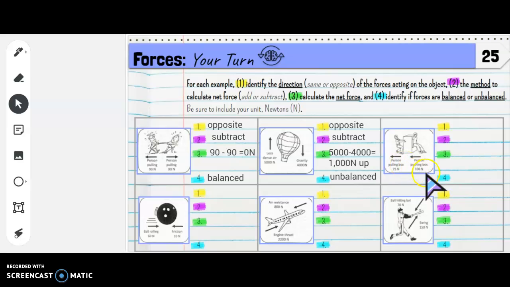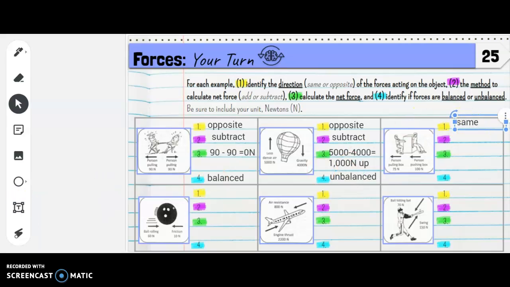In this third example, in this image, I see a person pulling a box, 75 newtons, and the arrow's pointing to the left. And then I see another person pushing a box, 100 newtons, and this arrow is also pointing to the left. So for number 1, the directions, they're going in the same direction.